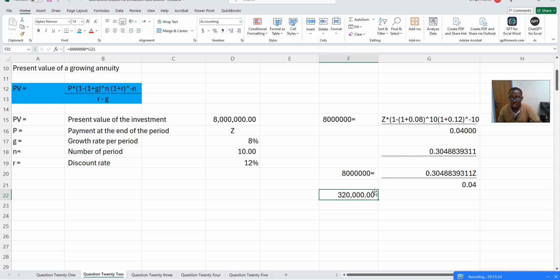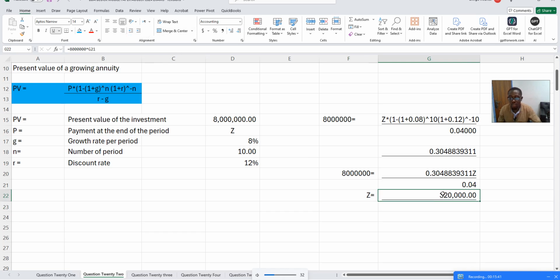Now, divide by, so remember this is Z, so you're saying now we're determining our Z. So I should be having that value determined by what you are determining here.